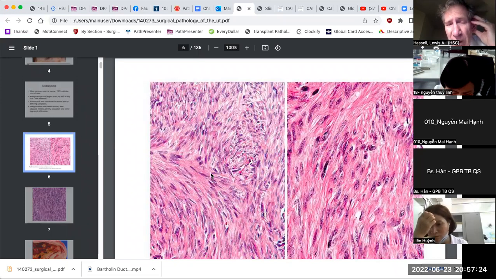So in that situation, the markers that would be useful are hormone markers, more likely to be positive in stromal sarcoma than in leiomyosarcoma. It's not absolute, but more likely in endometrial stromal sarcoma. CD10 is more likely to be positive in endometrial stromal sarcoma.